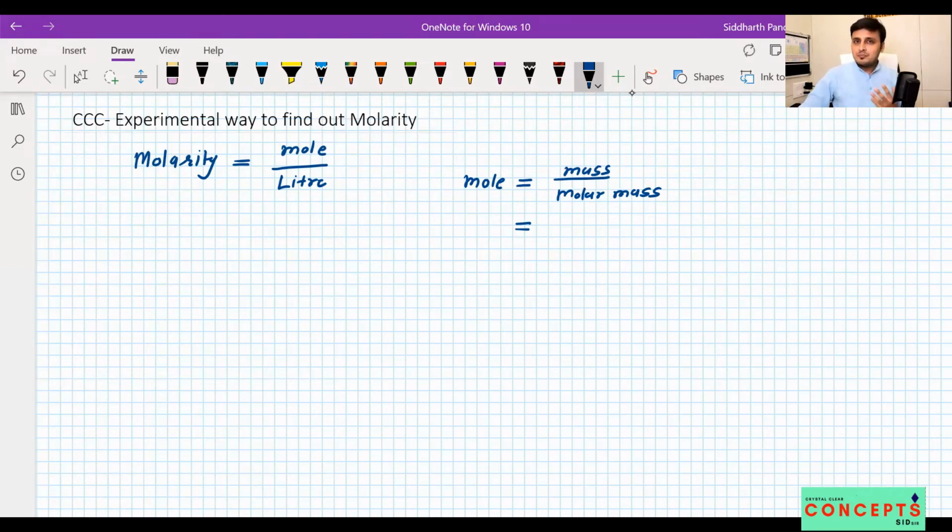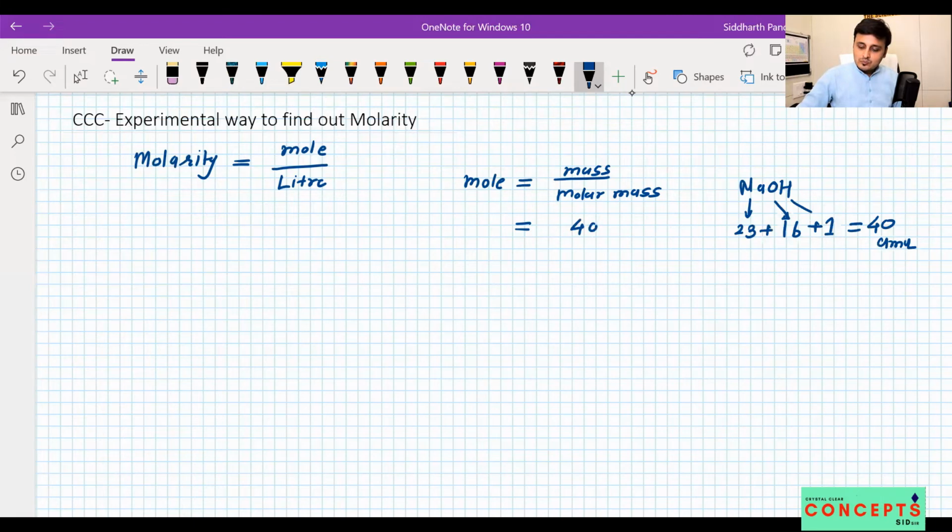Say, for example, sodium hydroxide, NaOH. The molar mass of NaOH is 23 plus 16 plus 1, so in total it becomes 40 AMU. So we have to take 40 gram of NaOH from the chemical compound box.